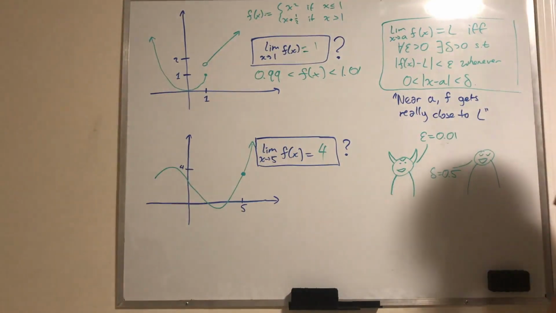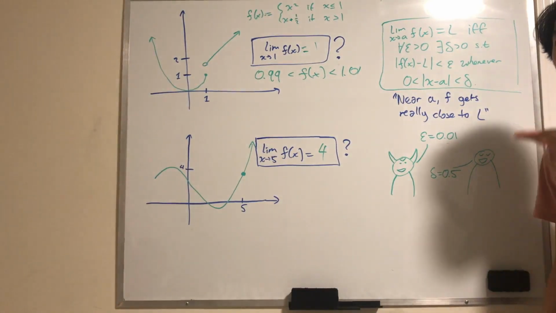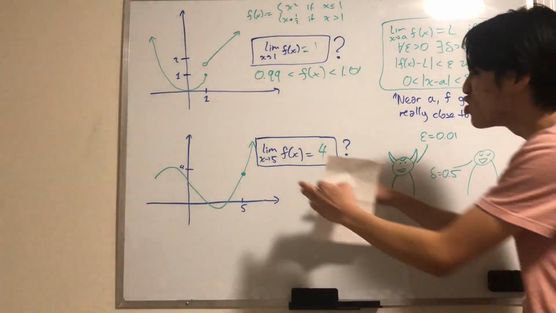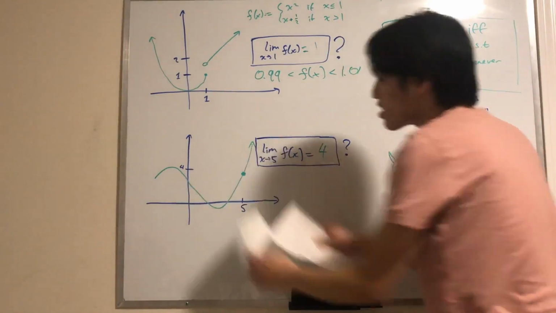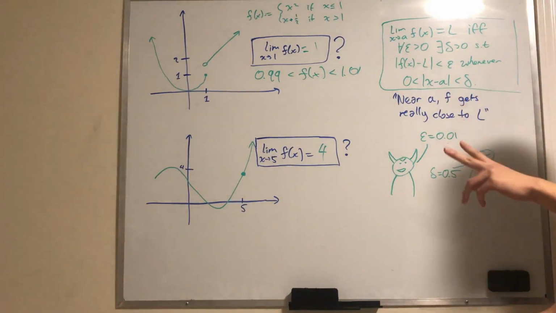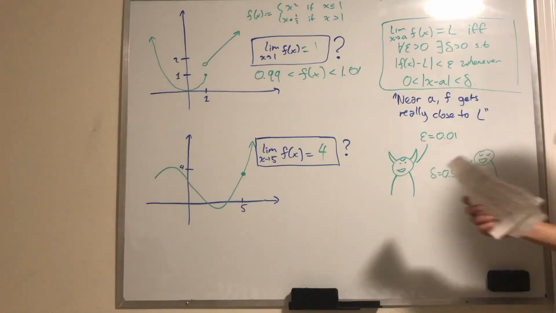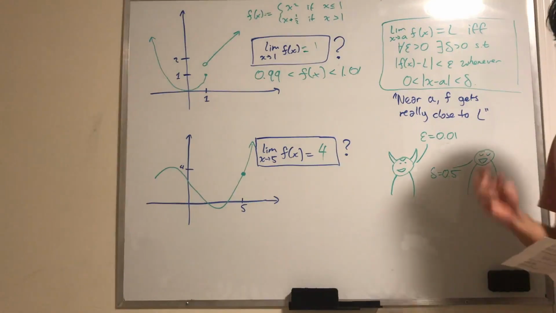What if epsilon is equal to 0.001? Okay, you can imagine I zoom in really, really close. I do the same thing, and it does look like in some neighborhood around, all the values are within 0.001. As in, they are really close to 4. And the skeptic does this again and again.